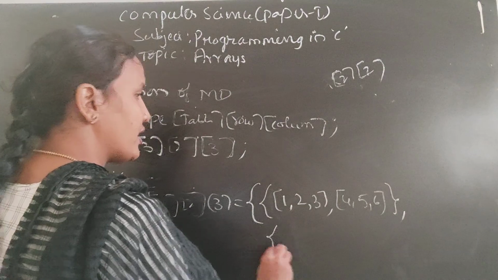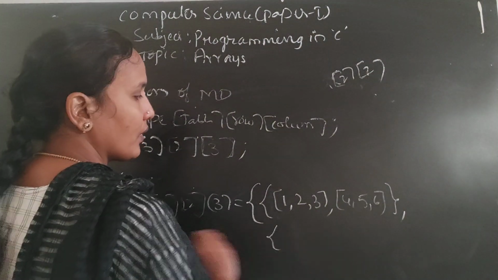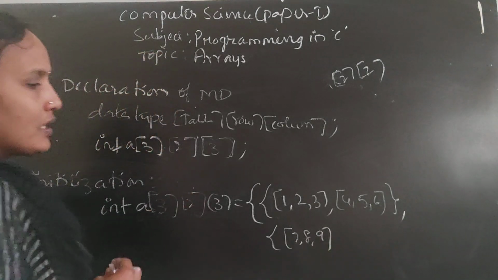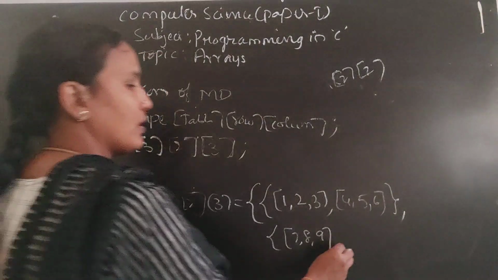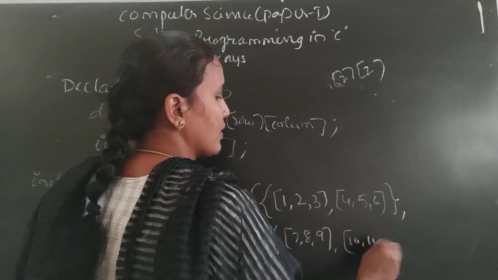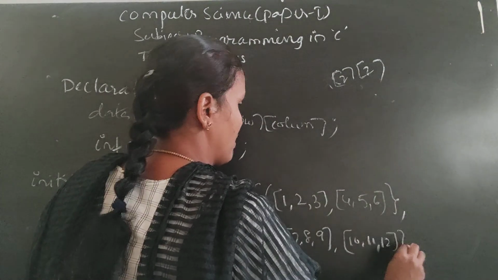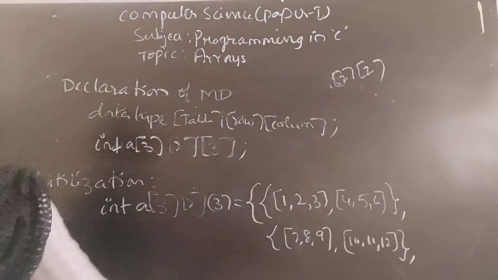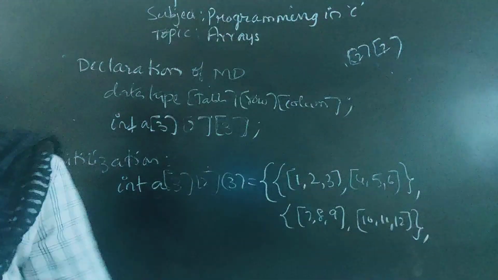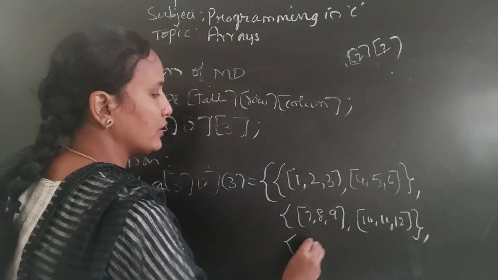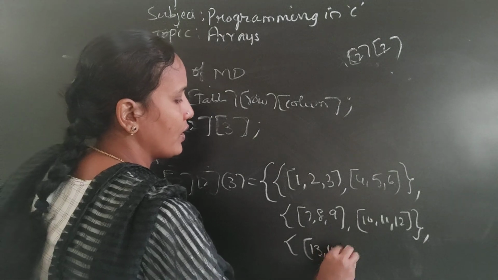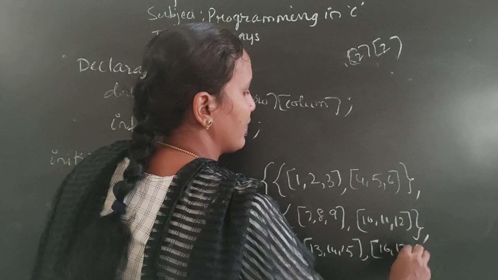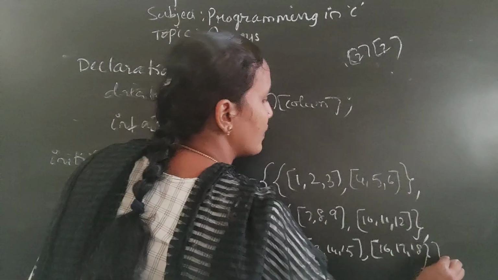Now come to the second table. Here again 7, 8, 9, second table, first row, comma, second table, second row. Next, third table, 13, 14, 15, comma, 16, 17, 18.